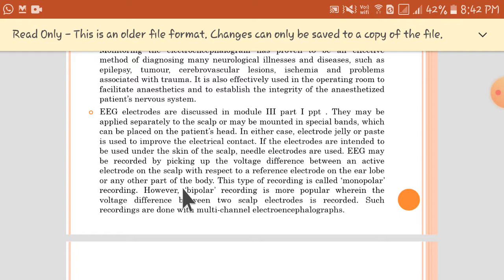But in bipolar recording, we will be using two electrodes placed on the scalp itself. In monopolar recording, one electrode is placed on the scalp and the other is the reference electrode placed on the earlobe. In bipolar, both electrodes are placed on the scalp only.